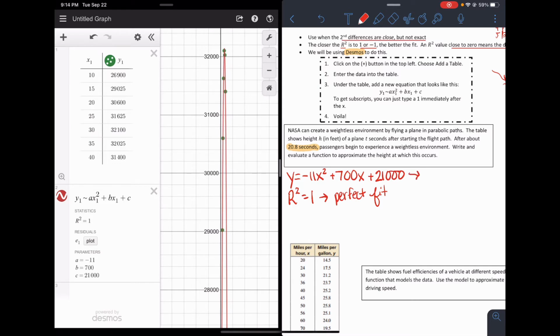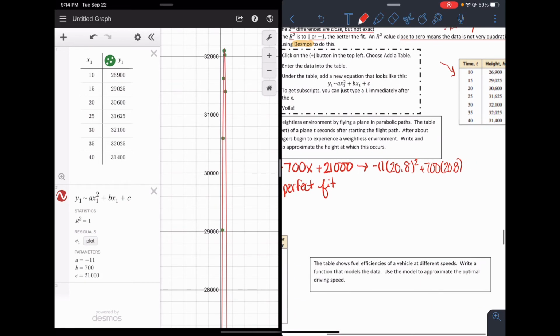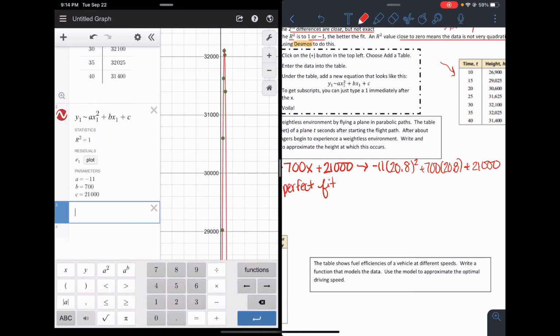I don't. So all I'm going to do is negative 11 times 20.8 squared plus 700 times 20.8 plus 21,000. And I'm just going to type that in.